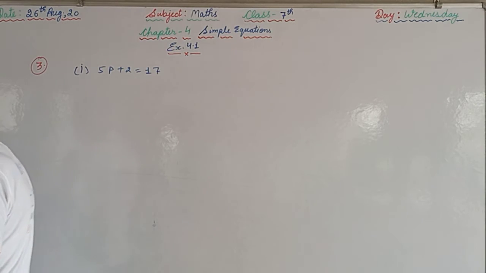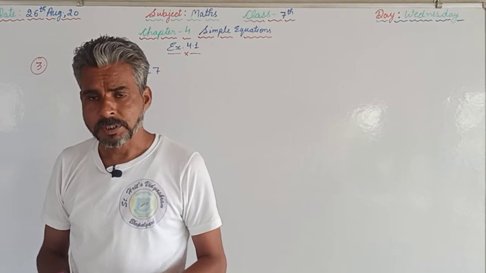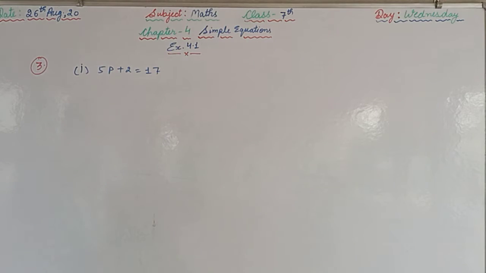As I told you previously, whenever you are watching the videos, at the same time you should have your textbooks with you, so that you can also read the questions and you should also know what information is given in the question. So first of all we should read the statement of the question, that is solve the following equations by trial and error method.